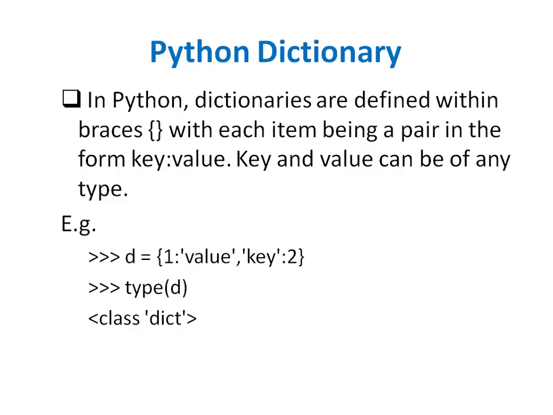That is, each value and key must be a pair. You can see the example: D is equal to {1: 'value', 'key': 2}. So here 1 is the key and 'value' is the value; in the second one, 'key' is the key and 2 is the value.